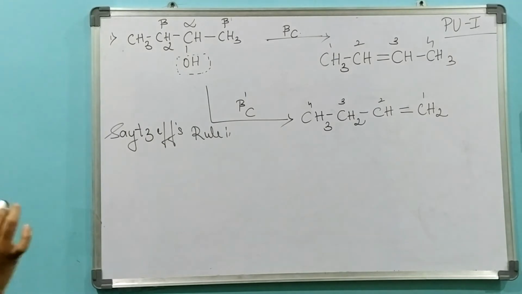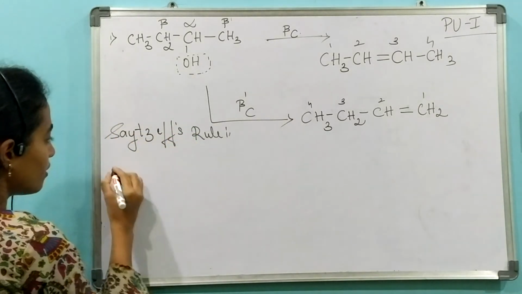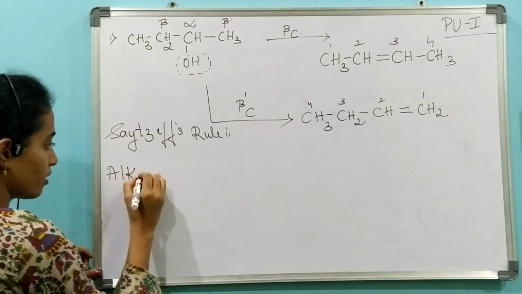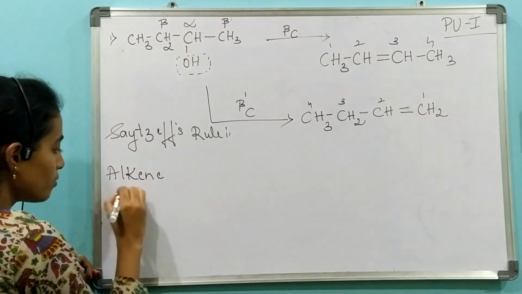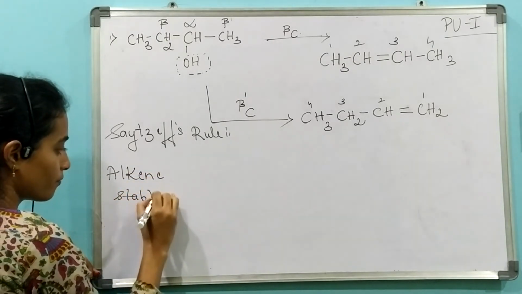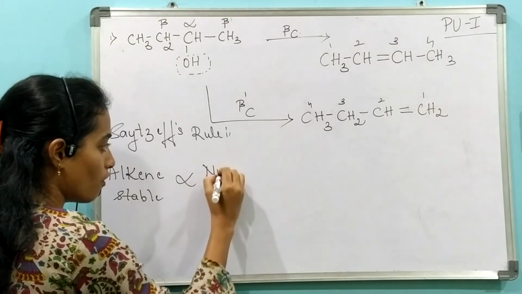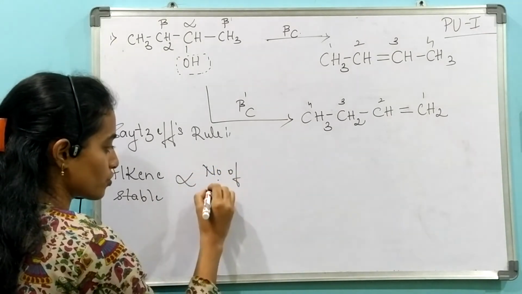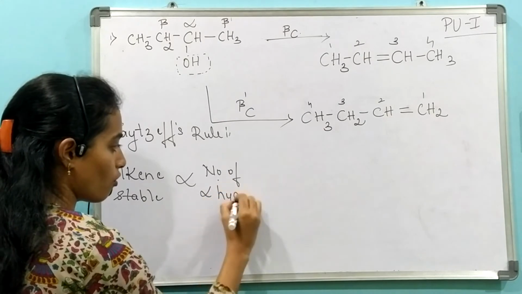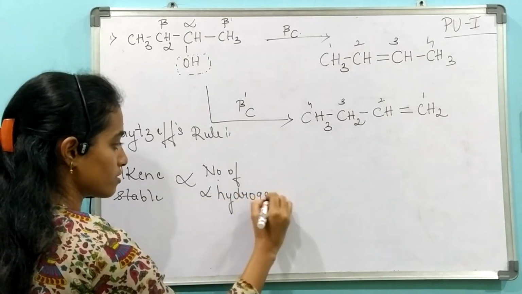It helps us to decide which is the more stable alkene formed here. So according to Saytzeff rule, the alkene will be more stable which is having more number of alpha hydrogens.